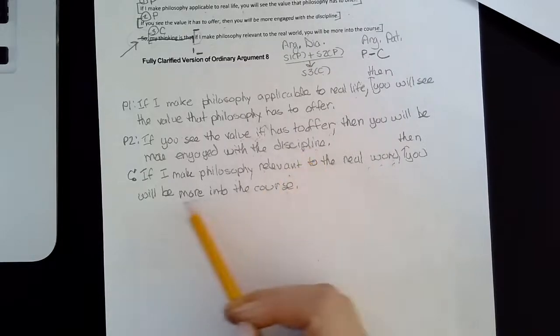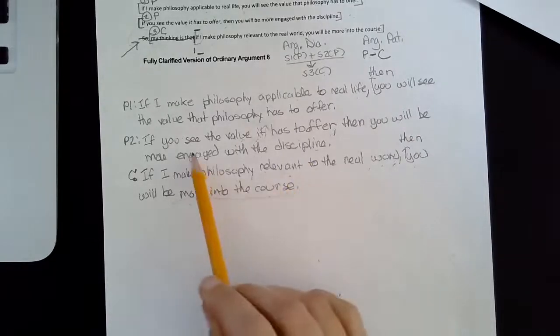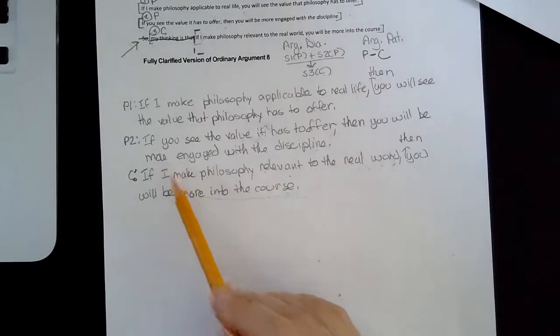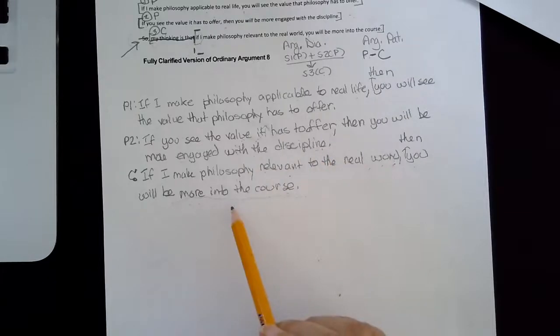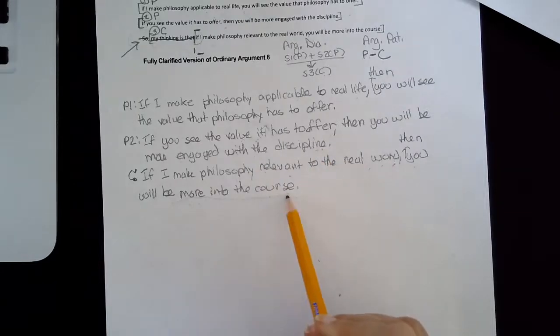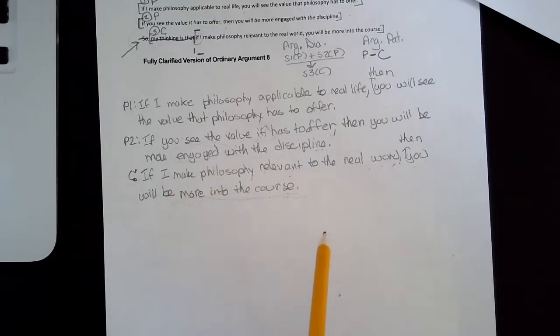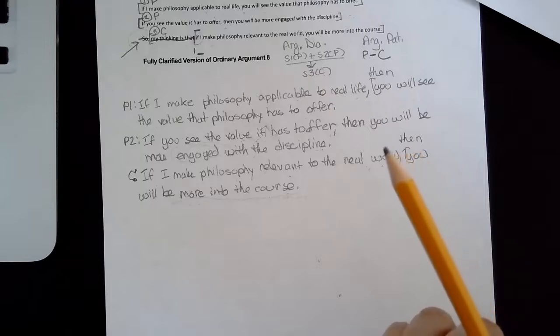But of course, you'd have to replace the entire phrase. So you'd either have to replace engaged with the discipline with into the course. Actually, no, now that I'm thinking about it, engaged sounds more like an exact word for trying to point to the psychology, right?